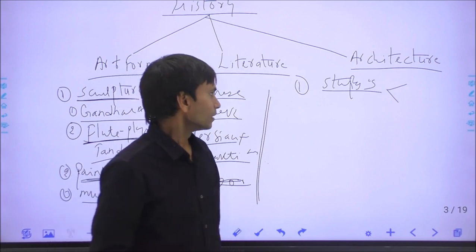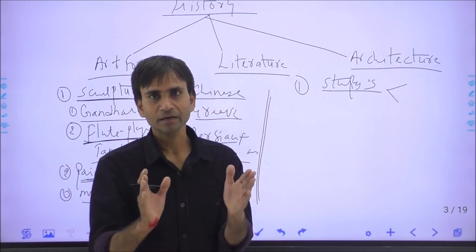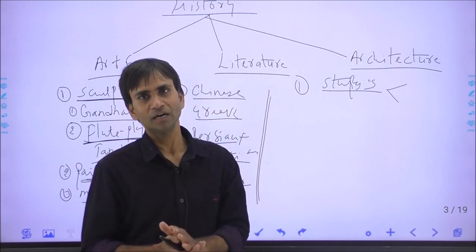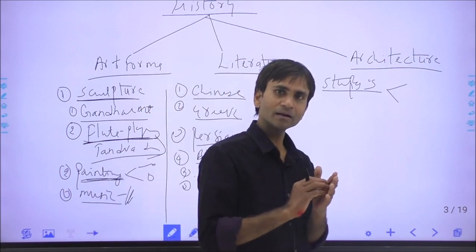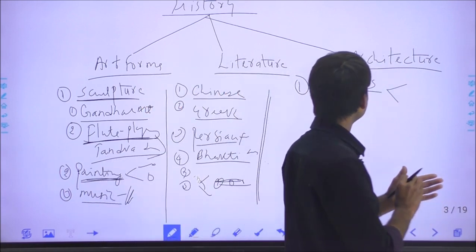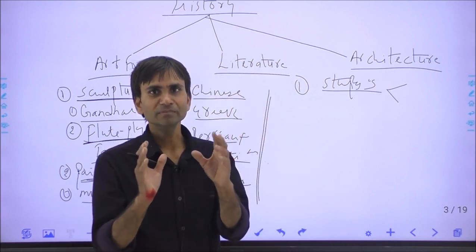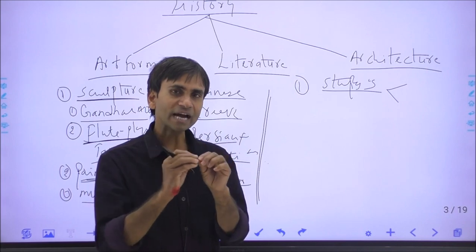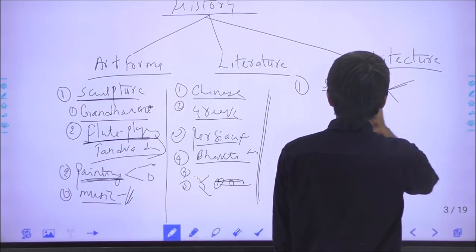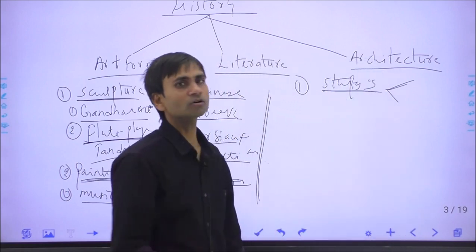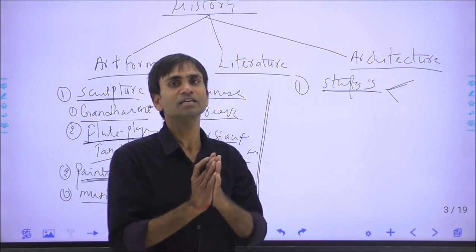Stupas include the local motifs and the ideals of Gautam Buddha, and are they comparable and compatible? What do local motifs mean, and what are the Buddhist ideals? This is the best infusion in the stupas. There are many aspects of stupas, including their political and economic significance.